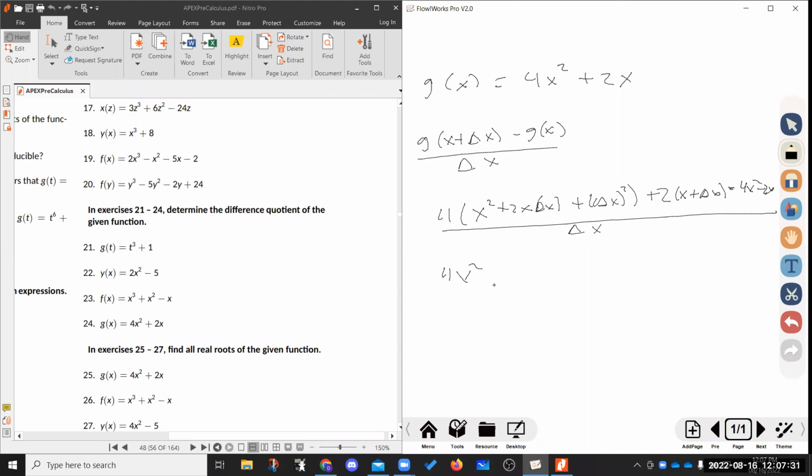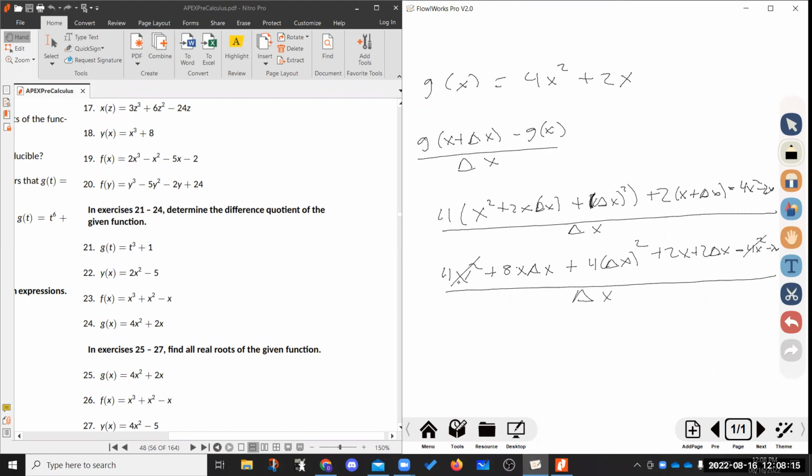It's 4x squared plus 8x delta x plus 4 delta x quantity squared, like that, plus 2x plus 2 delta x minus 4x squared minus 2x. All that's over delta x.